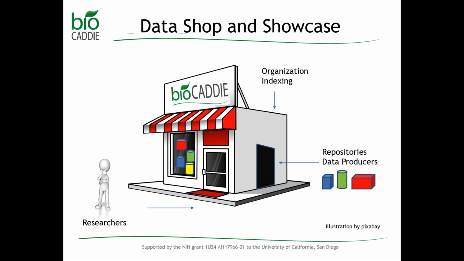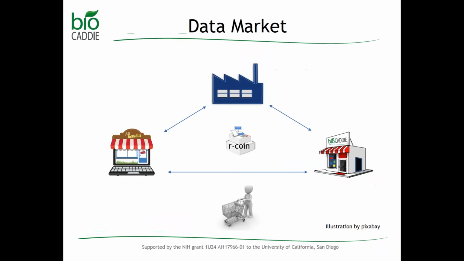So in our Biocaddy data shop and showcase, we see the repositories contributing, as something happens inside this shop, and then the products are displayed in an easy to see fashion, so that the researchers, our clients or customers, can decide what they want to take out of the store or not.